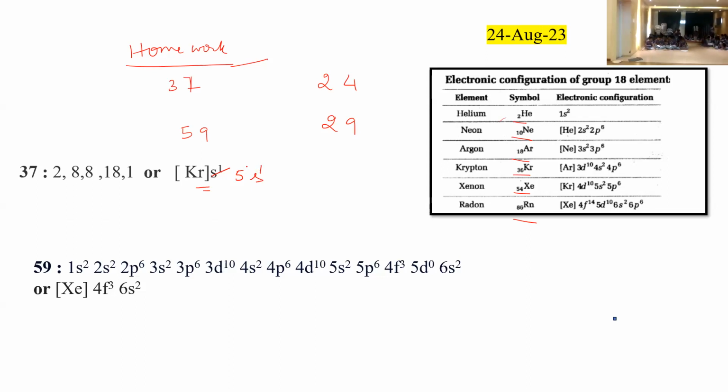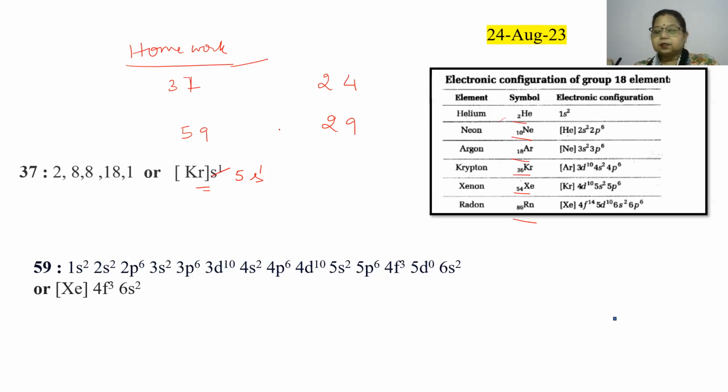Is it clear now that this is another way of writing the configuration of elements? So you must remember it also. The atomic numbers of the zero group elements must be clear to all of you, or rather you should remember them: helium, neon, argon, krypton, xenon, and radon.